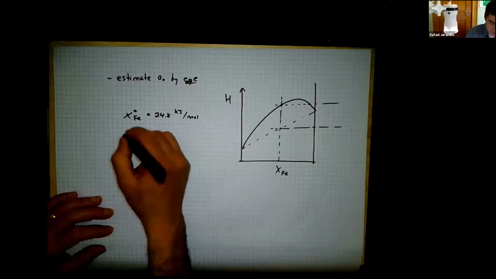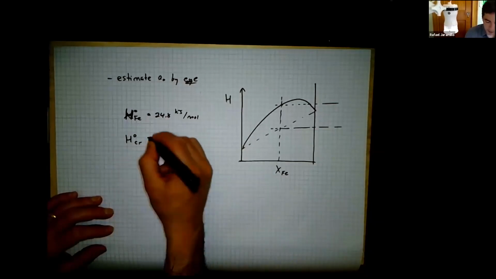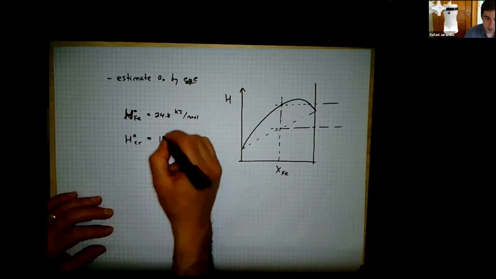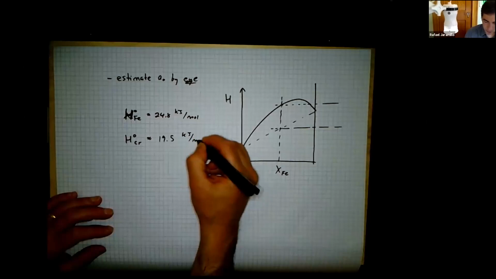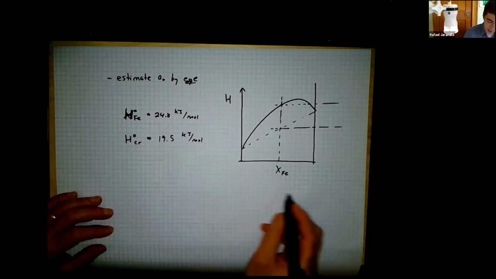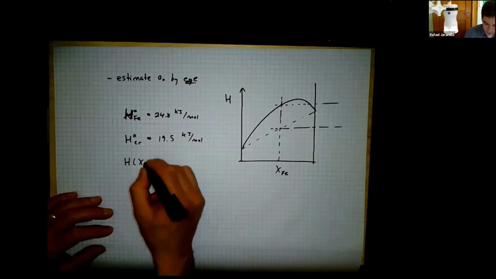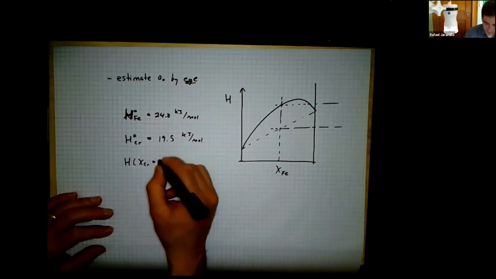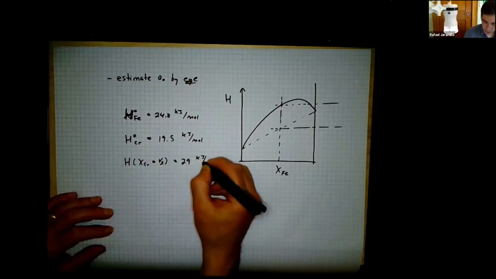Sorry. H naught of chromium, I'm going to read that off. That was about 19.5 kilojoules per mole. And H at X chromium equals 1/2 was about 29 kilojoules per mole.